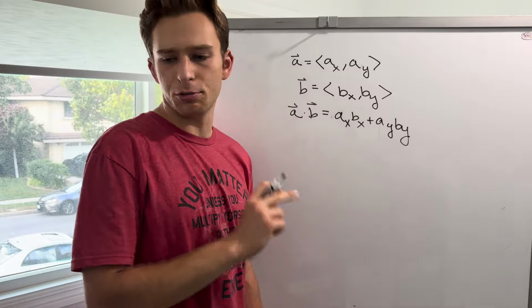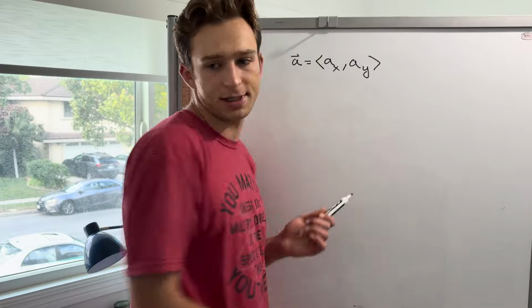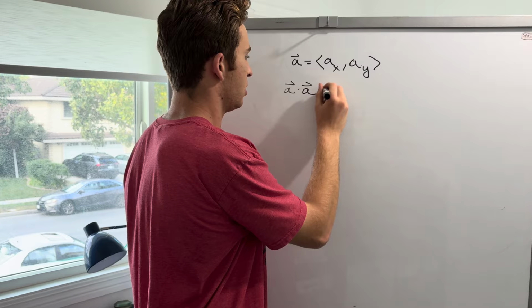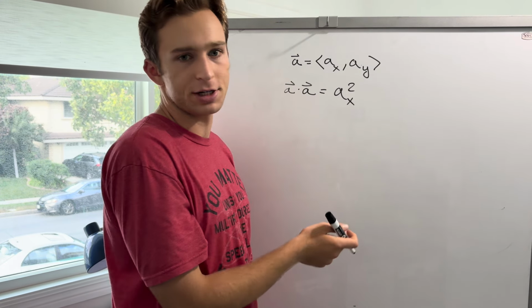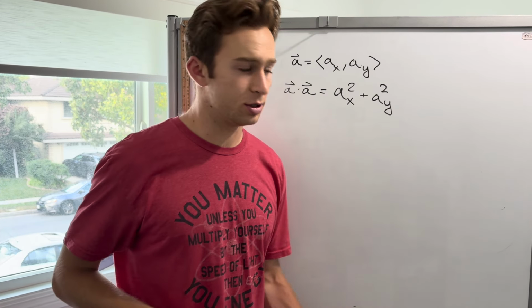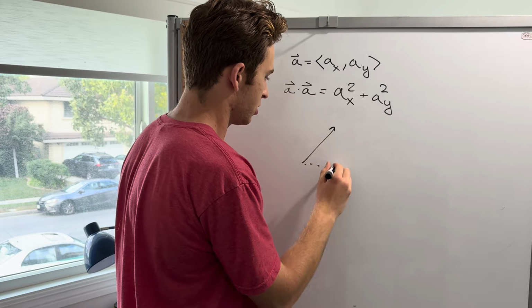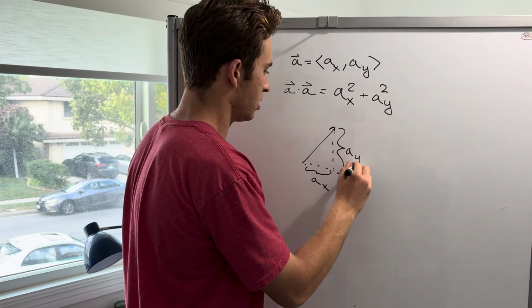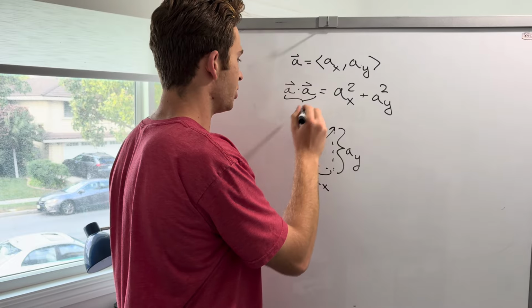But what if A and B were the same? Let's just take A dotted with itself, A dot A. We would get AX times AX, which is AX squared, and we get AY times AY, which is just AY squared. And this should look familiar. That means if we have some vector with components AX and AY, this dot product, if we have some length R, is just equal to R squared.